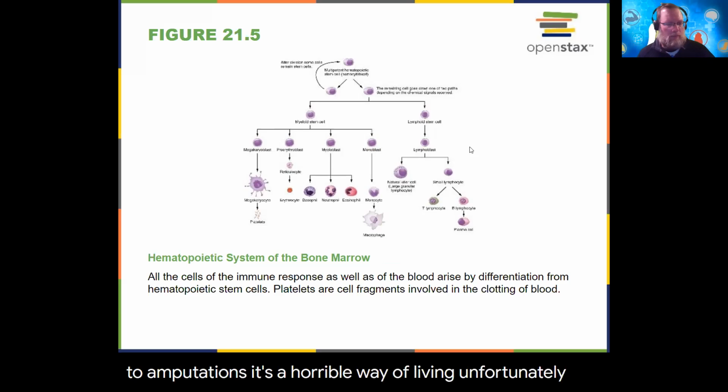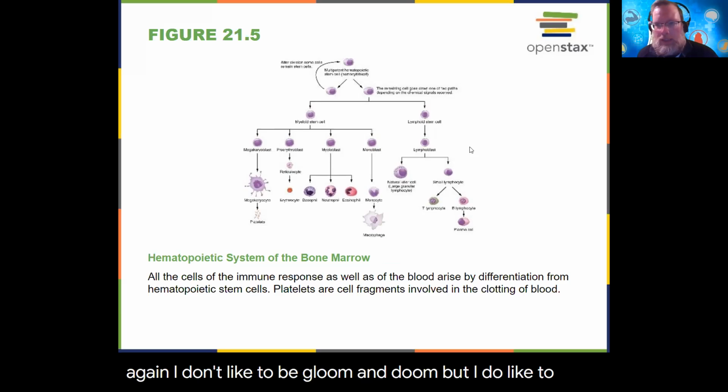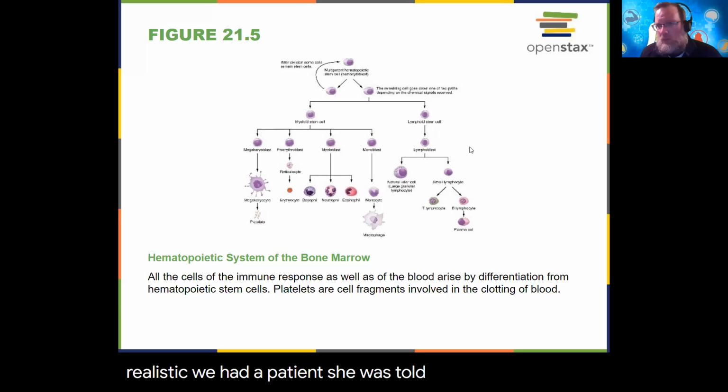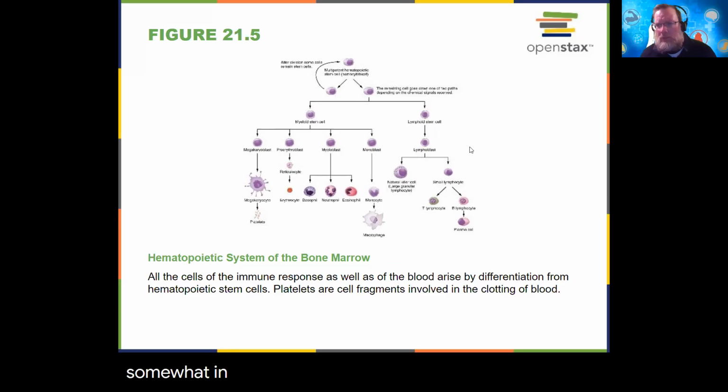Unfortunately, and again, I don't like to be gloom and doom, but I do like to be realistic. We had a patient; she was a totally normal person. She was driving and got T-boned by somebody who blew through a red light. So she was somewhat injured. She had her seat belt on, the driver's side seat belt, and she had a broken collarbone.